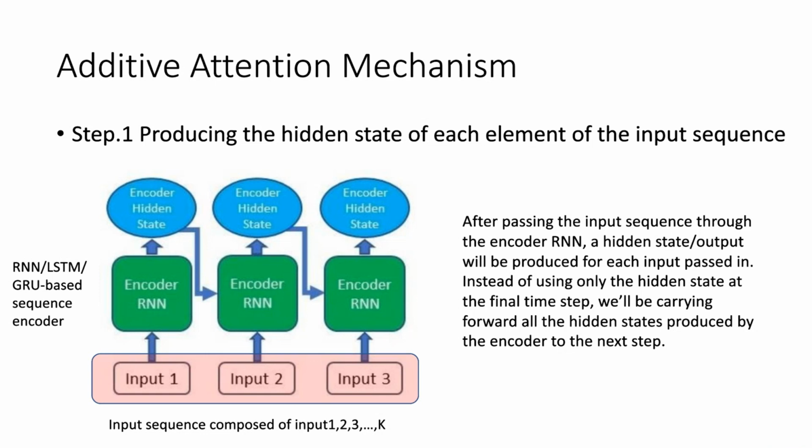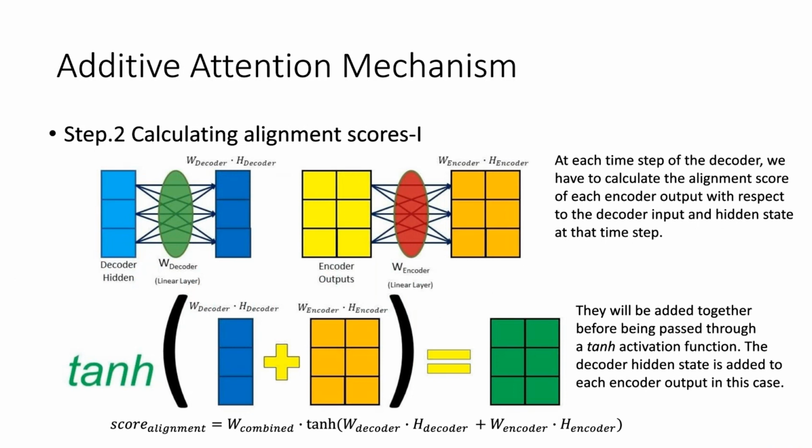So this is the first step: generate the embedding features for each time step of the input. All right, so let's assume this is two embedding features. One column is one embedding feature.